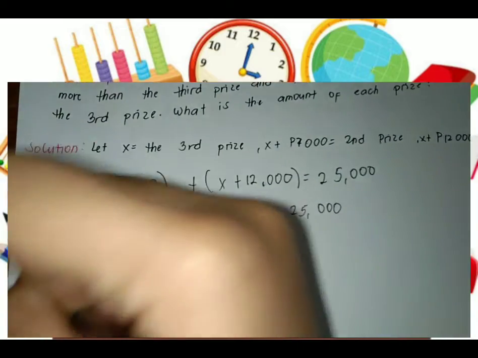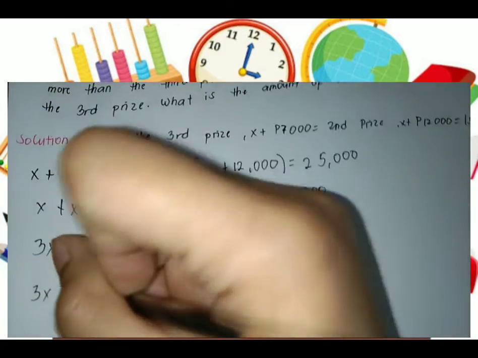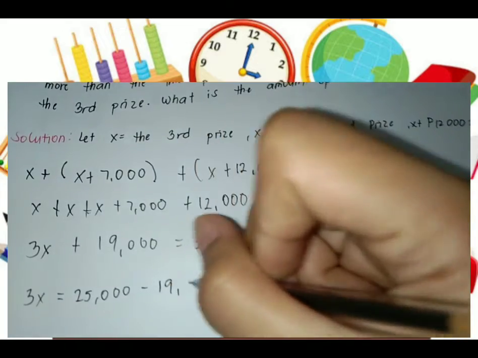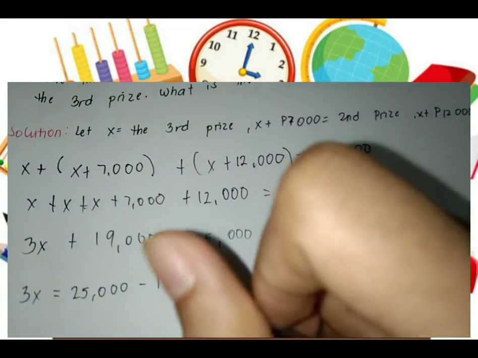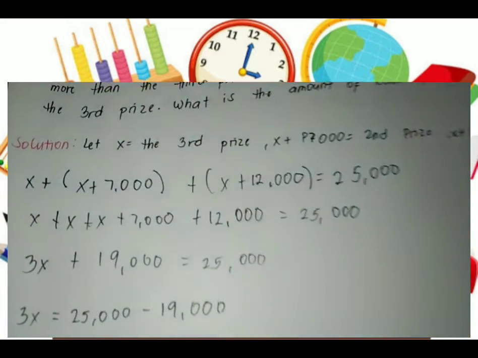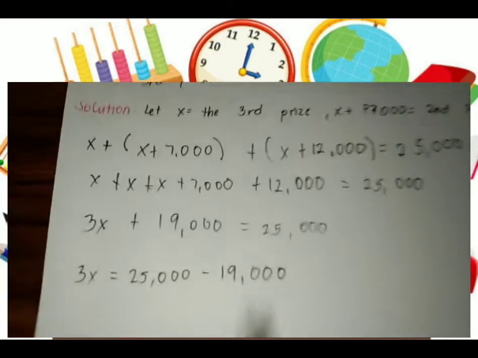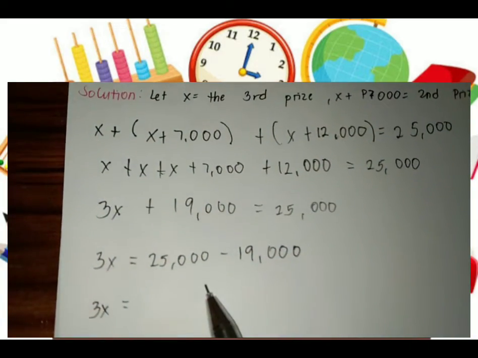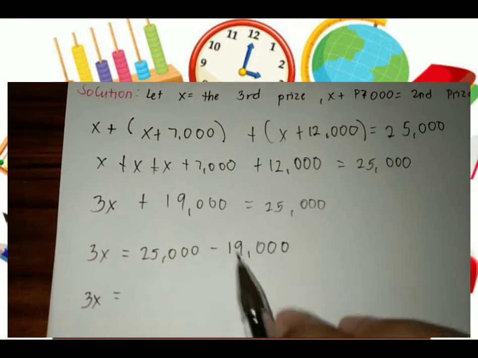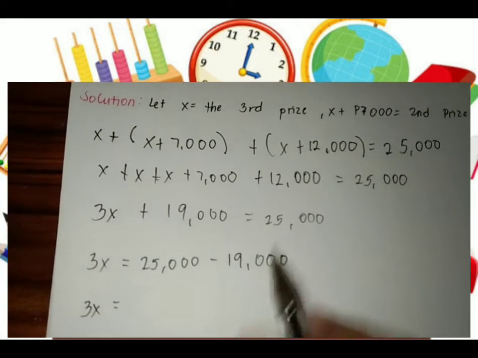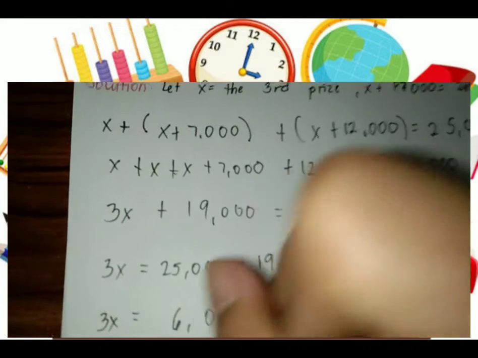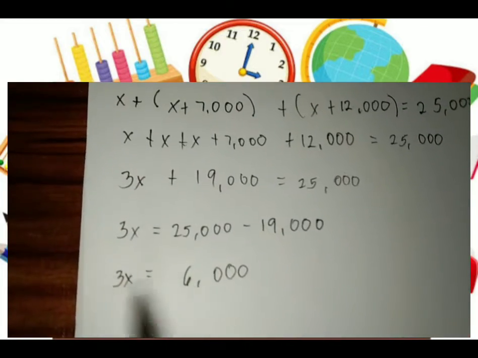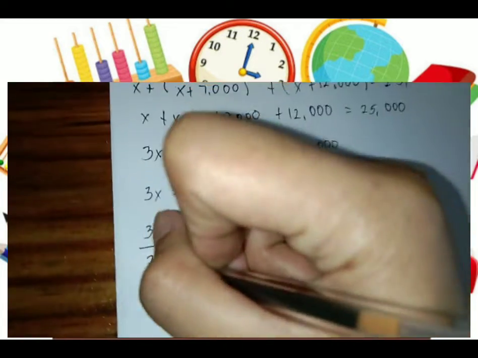Now we are going to transfer the 19,000 to the right side. So we have 3x is equal to 25,000 minus 19,000. Now we are going to subtract it, so 3x is equal to 6,000. Now we are going to divide both sides by 3.